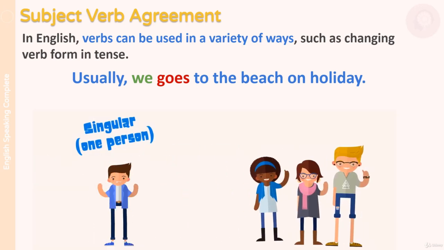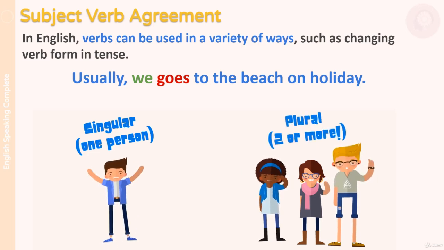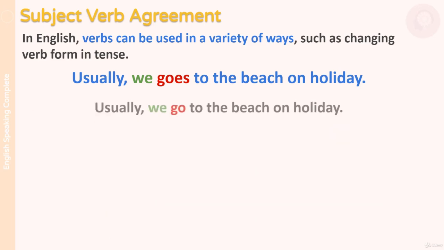"Usually, we, plural, goes to the beach on holiday", not quite right. "Usually we go to the beach on holiday." There we have "we", a plural subject, and "go", the plural verb.